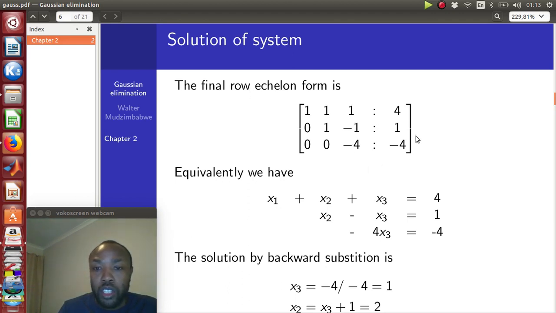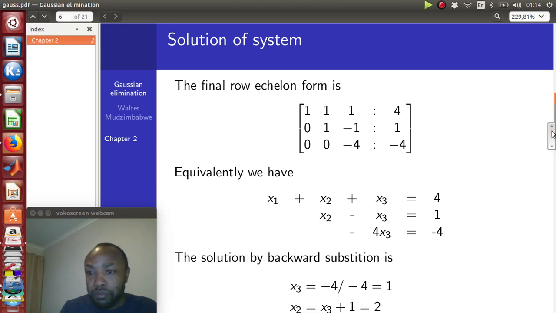Okay, so in this form, if we introduce back our x's, we find that the last row implies this. As you can see, this would multiply x1, this would multiply x2, this would multiply x3, and this would be the right hand side. Okay, but because these are zeros, we only have minus 4 times x3 equal to minus 4.